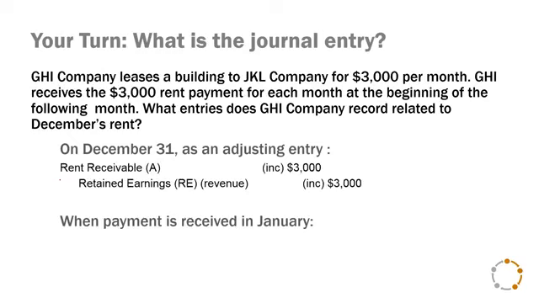On December 31st, as an adjusting entry, GHI Company has provided the use of the building to another company for the month of December. Now remember, we can record revenue or recognize revenue when we have completed the transaction or provided the service and that collectability of the cash is reasonably assured.